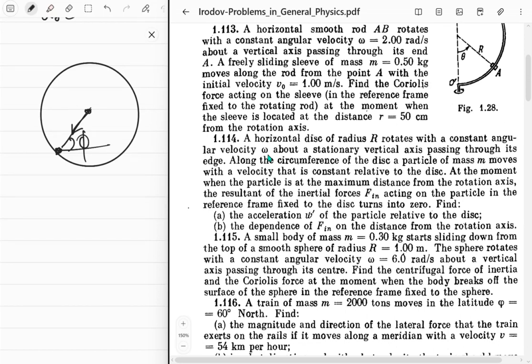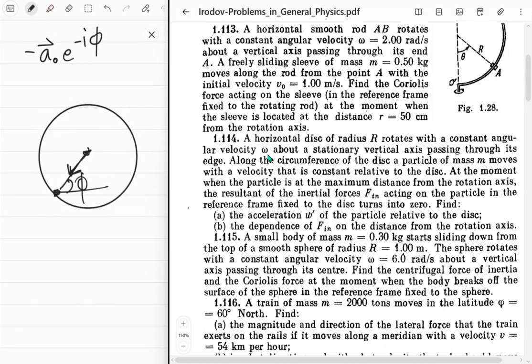So this acceleration is always in this direction. That's the acceleration of this point, and then this times e to the power of minus i phi rotates it clockwise by phi, and then negative of that. So in this direction, it's omega naught squared capital R. If there was some other component, you would rotate that as well.